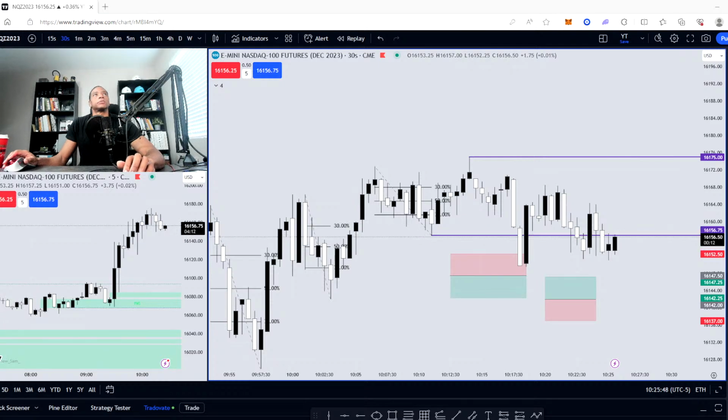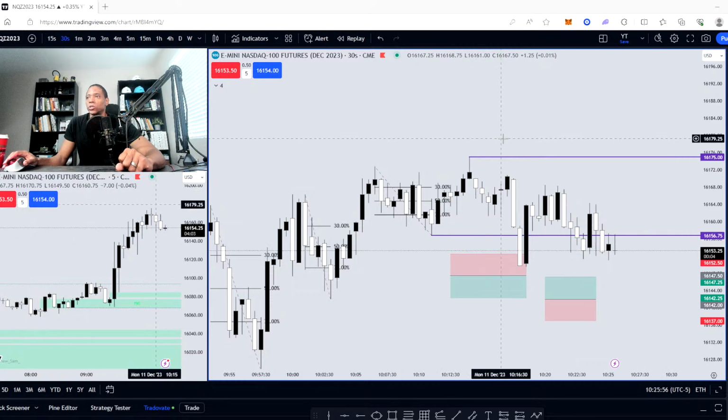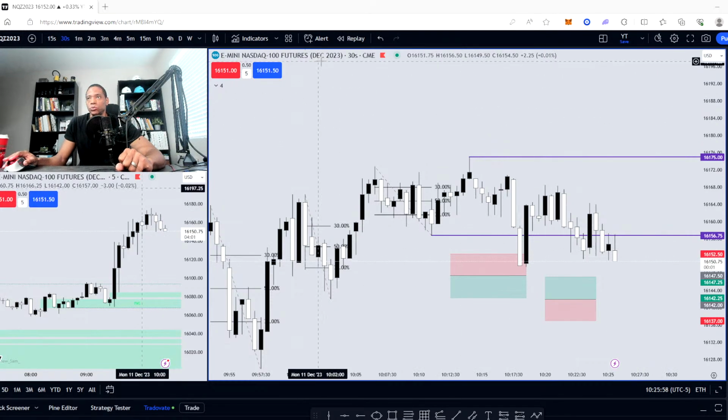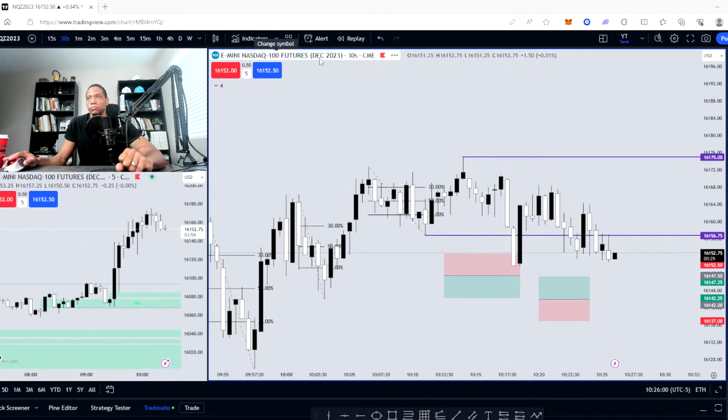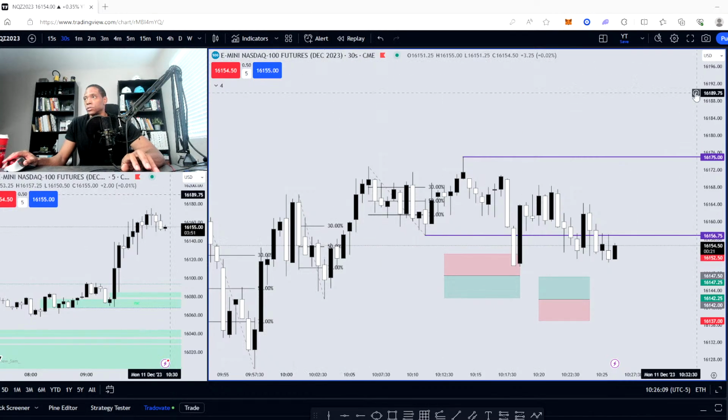Right, because I noticed, when looking at the charts, you have two options when you choose Nasdaq futures. On the chart that I trade, I always use the quarterly futures chart. So here you can see December 2023 at the top, and so I'm using the December chart.